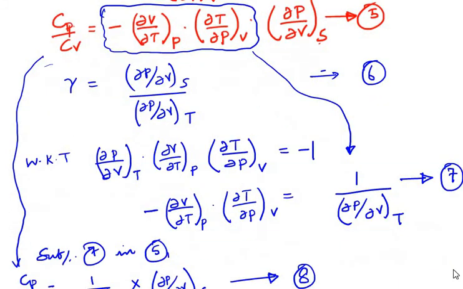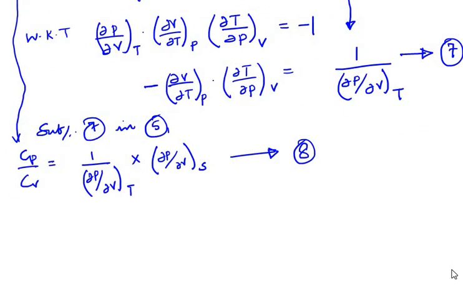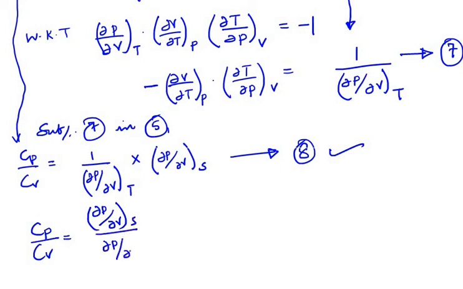So if you compare equation 6 and 8, equation 8 can be rewritten like this: Cp by Cv is equal to dou P by dou V at constant entropy divided by dou P by dou V at constant temperature.